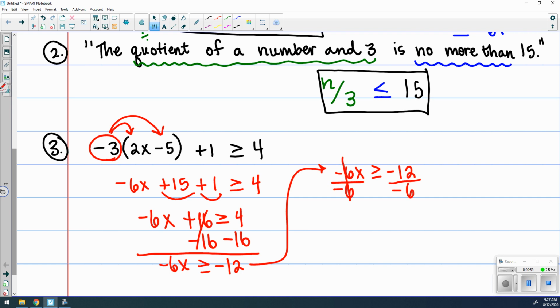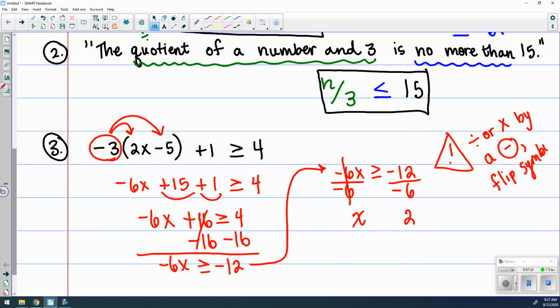The -6's cancel. -12 divided by -6 is going to be 2, but wait a minute. Warning, warning. Remember, when you divide or multiply by a negative, you have to flip the symbol. You must flip the symbol. So, friendly reminder, when you multiply or divide by a negative, make sure that you flip the symbol.